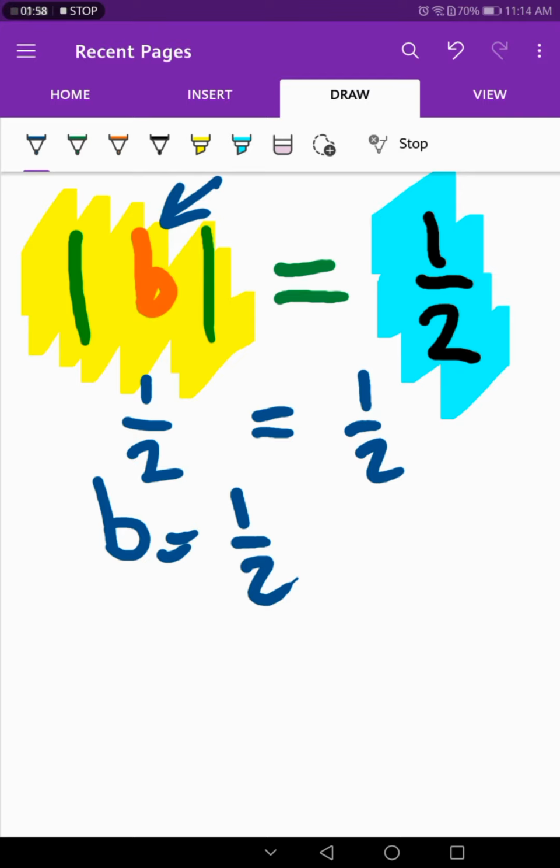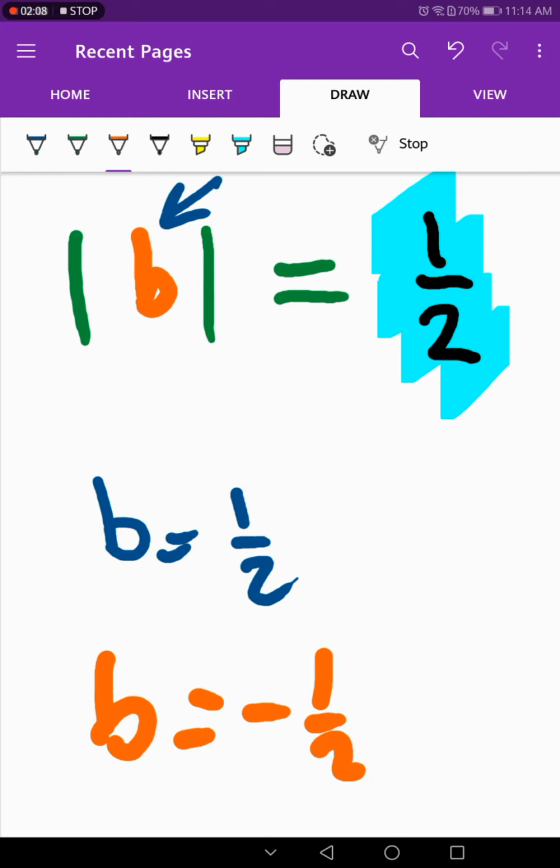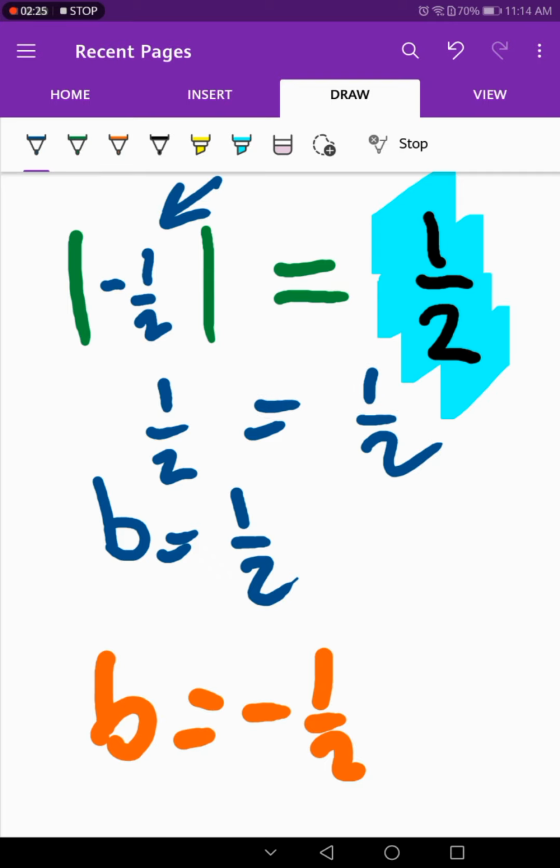Yes, that's correct. So b equals 1 over 2 is one of the solutions. And also, as Mahmoud said, b equals negative 1 over 2 is also one of the solutions. Because if we replace b by negative 1 over 2 here, the absolute value changes it to positive 1 over 2, which equals 1 over 2, and this is true.